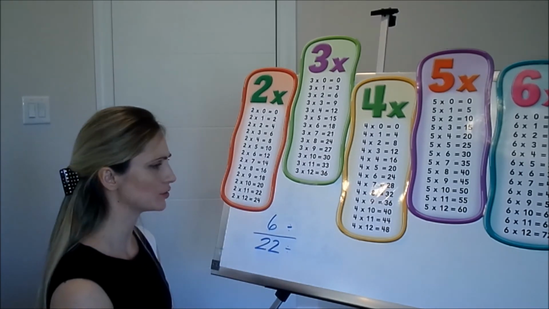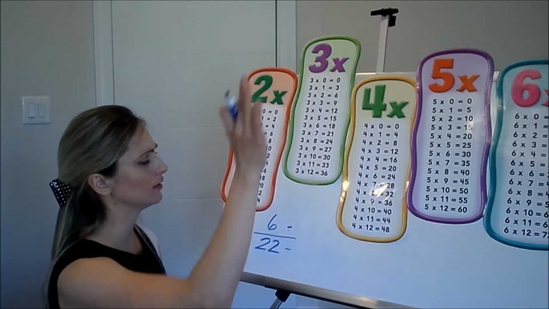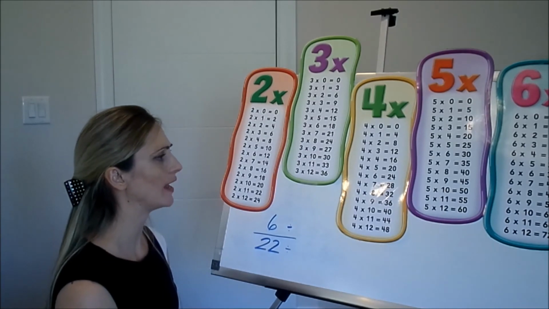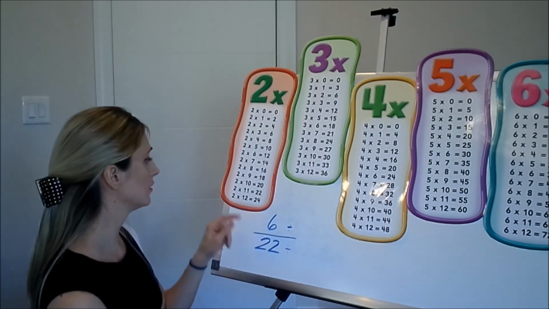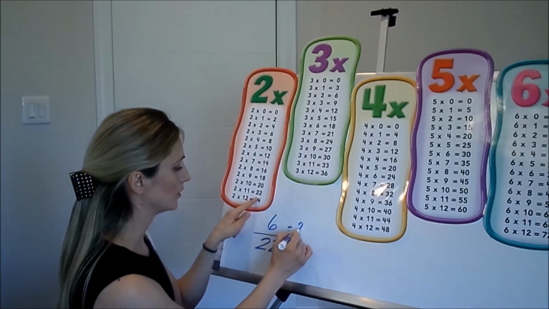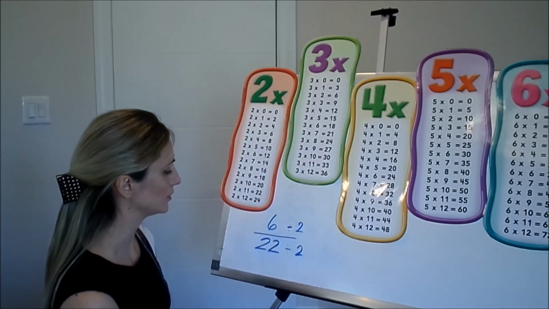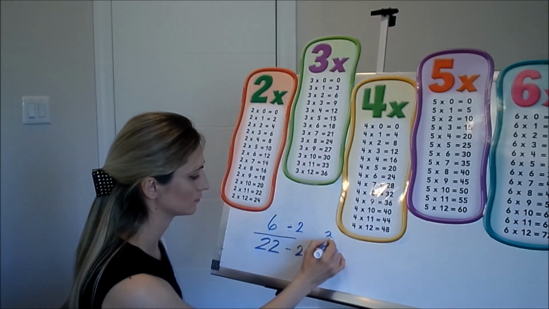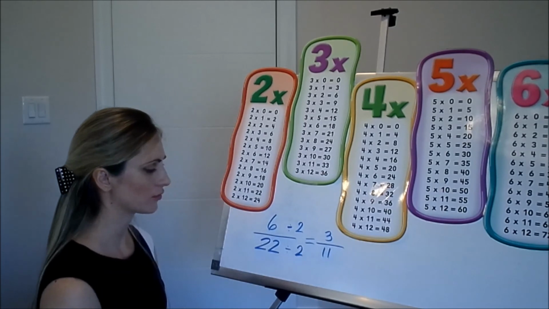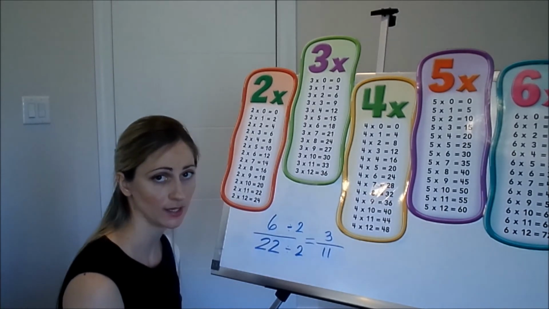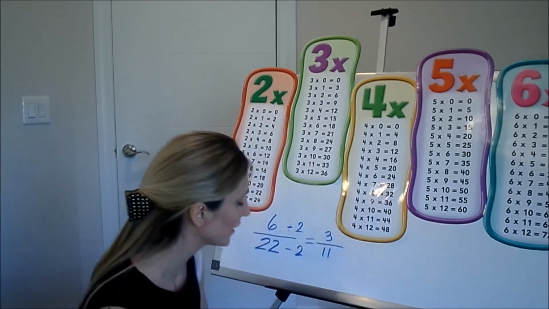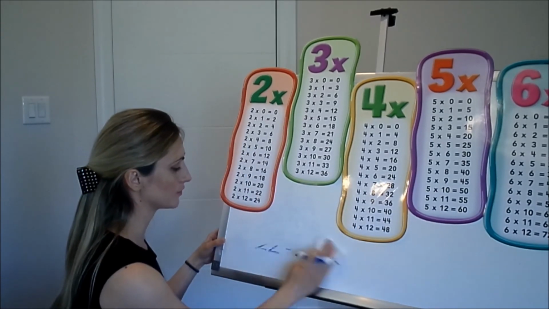It looks like 22 should be big enough to be divided by a lot of numbers, but 22 doesn't show up on any multiplication train except for 2. I'm going to divide it by 2. And 6, of course, is divisible by 2. And 3/11. Did you get that? Give yourself a pat on the back if you got it right. Okay, that's it for today's review.